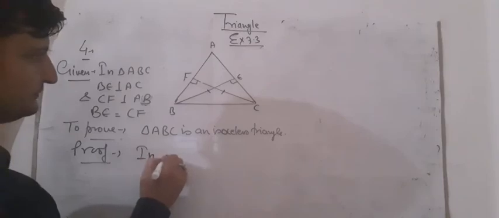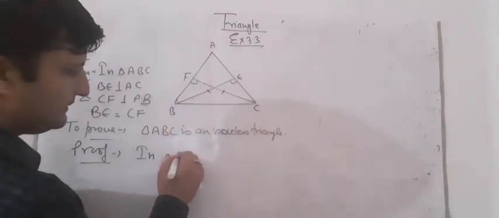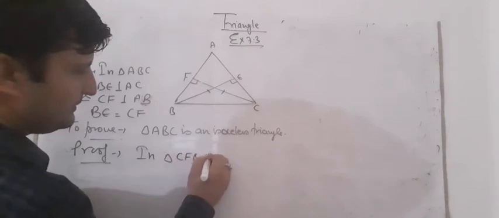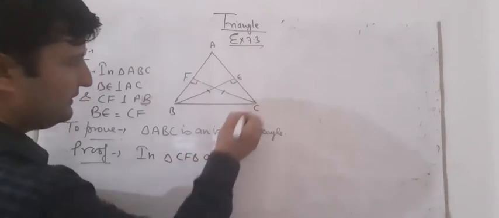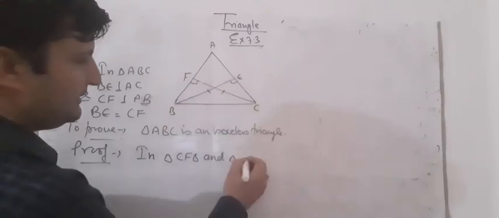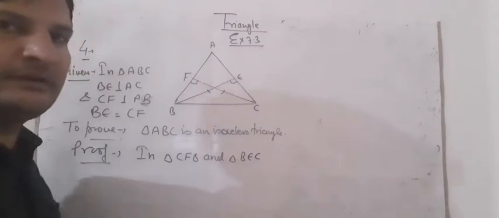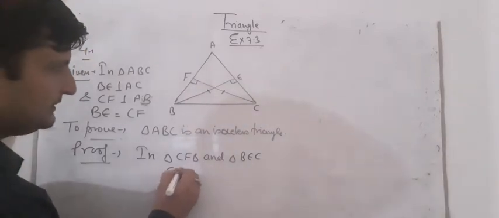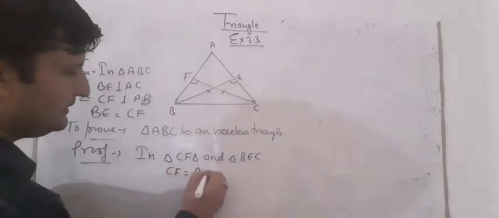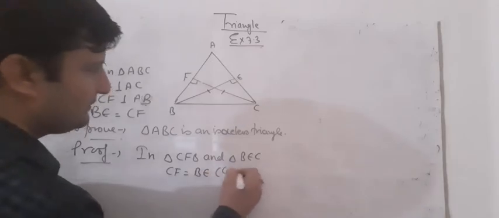So we can say that we take two triangles, CFB and triangle BEC. Student, we can say that CF is equal to BE. It is given. These are equal.